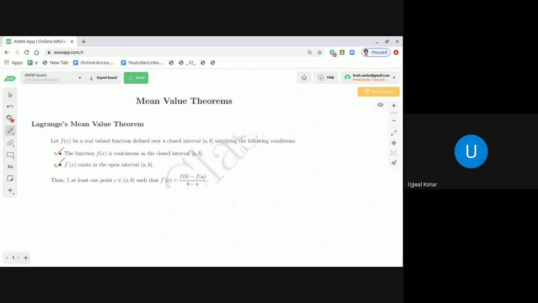Let us understand this theorem by means of its graphical representation, dear students. Because if we make a graphical representation, things will be much simpler to understand. So let me show you the graph first, and then I will explain exactly how the result of this mean value theorem comes into the picture.